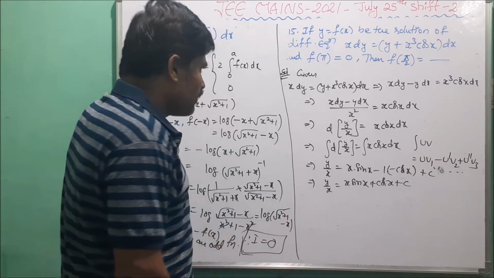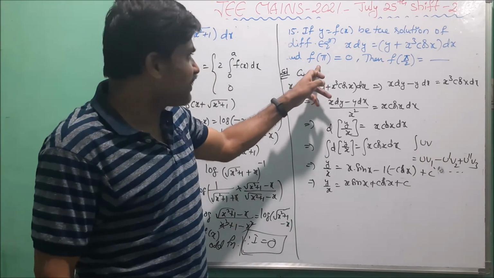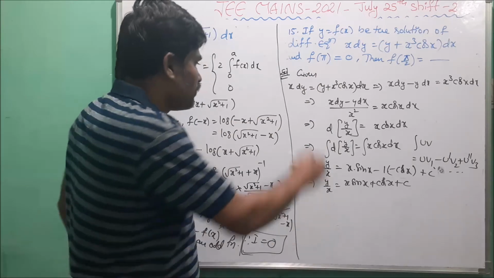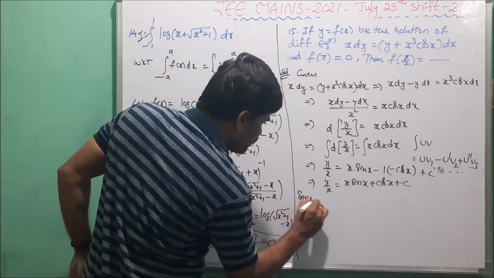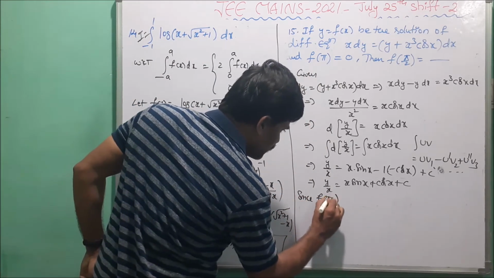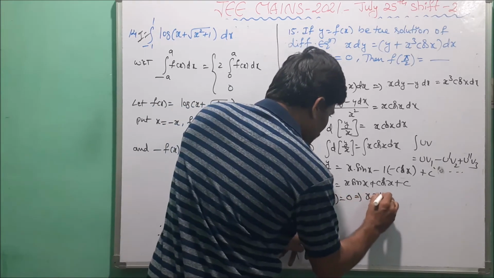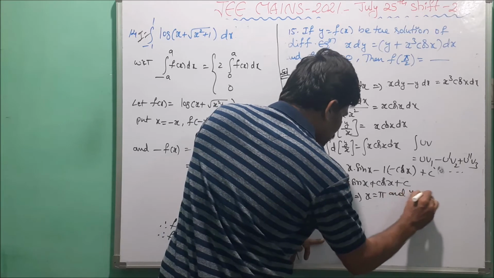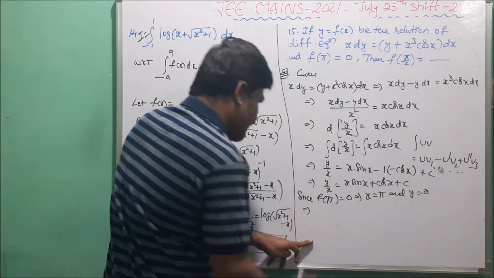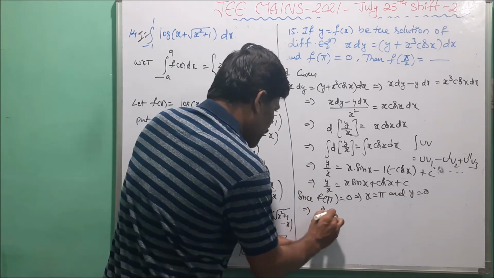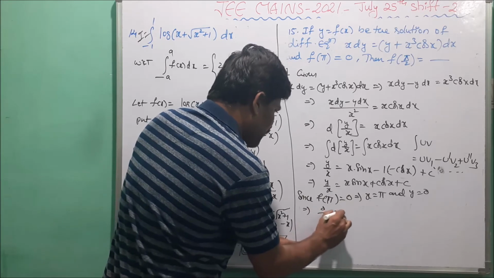Now here y by x equals x sin x plus cos x plus c. In this, the initial condition is given, that is f of pi equals 0. Since f of pi equals 0, that means x equals pi and y equals 0. From this we write y equals 0, with x value pi on the left side.